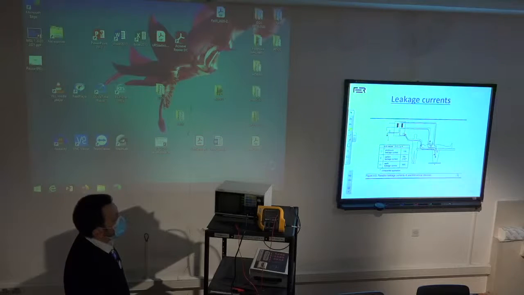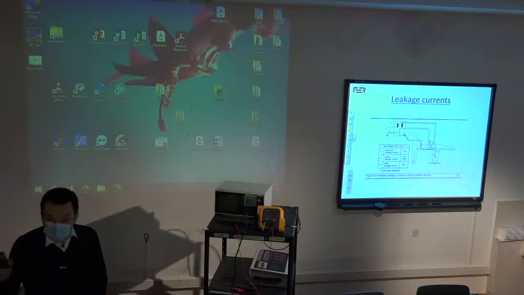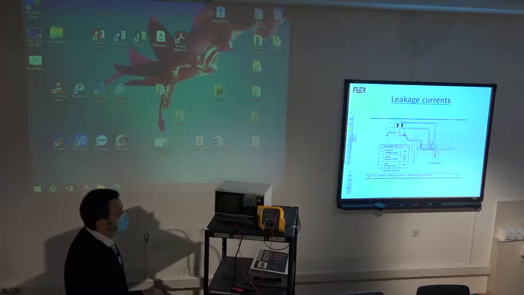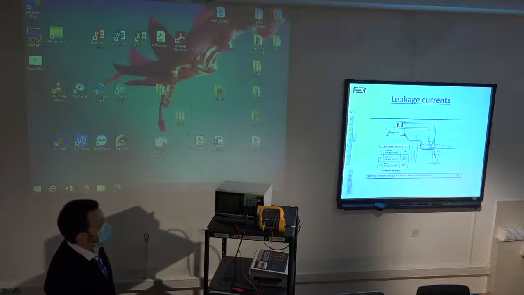housing of the device, and there is another leakage current that is flowing to the ground. So these leakage currents that are leading from the housing of the device through the body to the ground, or from a part of the equipment through the patient to the ground, these are those that are, let's say, considered to be more dangerous. For these ones that are leaking through metallic parts to the protective ground, that value may be higher because it cannot cause so much danger.